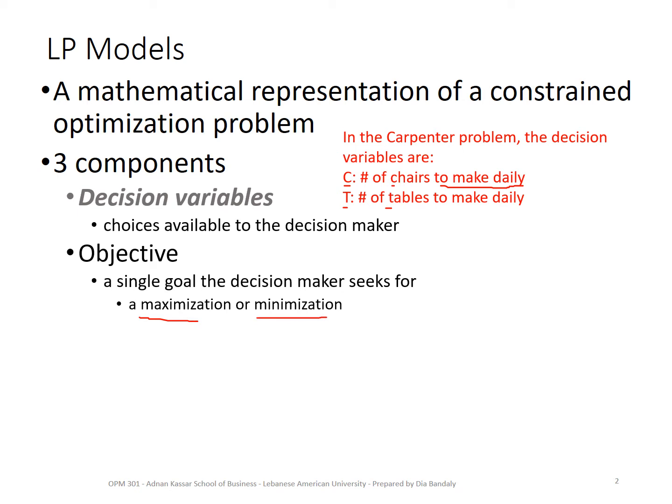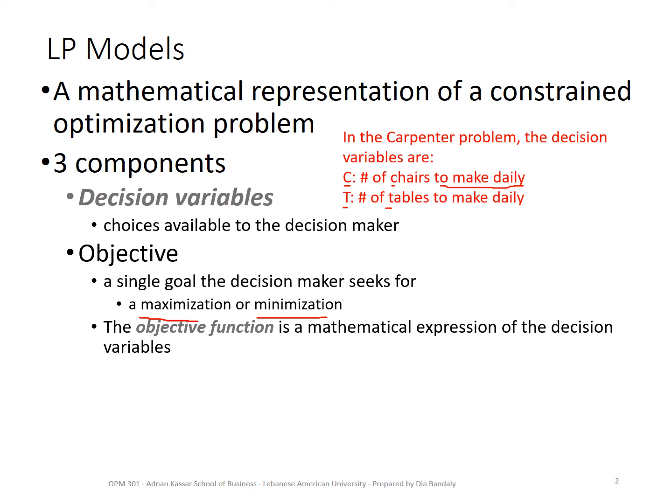Okay, and how do we represent that in the LP model? We represent that in the objective function, which is also another mathematical expression. So again, remember, we are trying to translate words into mathematical expressions in order to present the problem in a mathematical model. And this also explains why we call it linear programming. All right, it's the way that you present your problem.